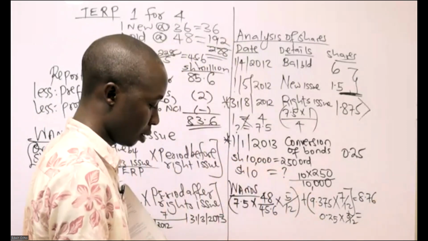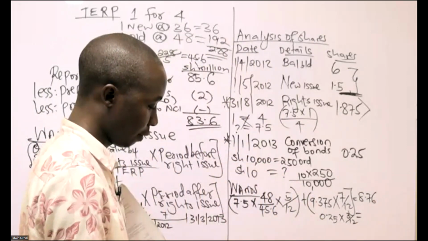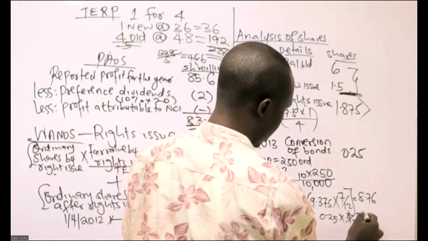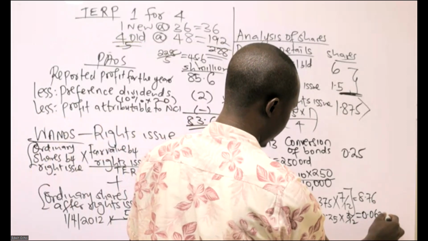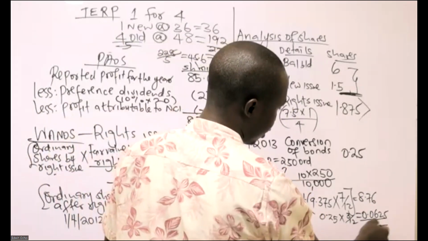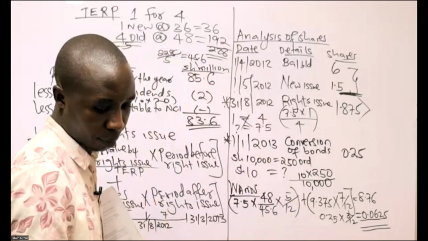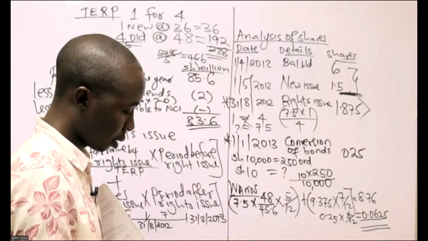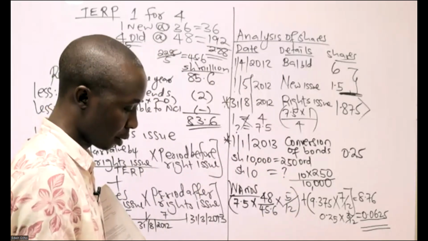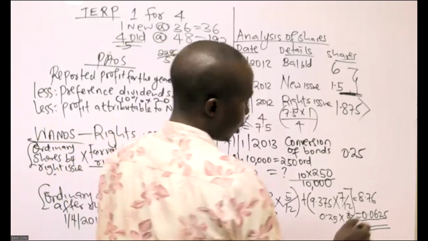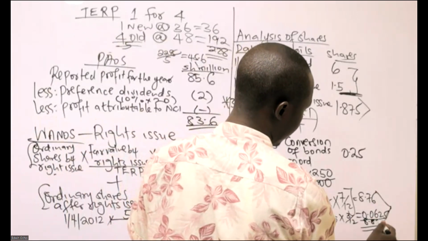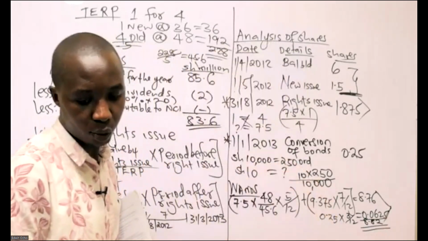Then for the 0.25 times 3/12, 0.0625. Is that okay? So if you add the two, 8.76 plus 0.0625, that gives us 8.82.